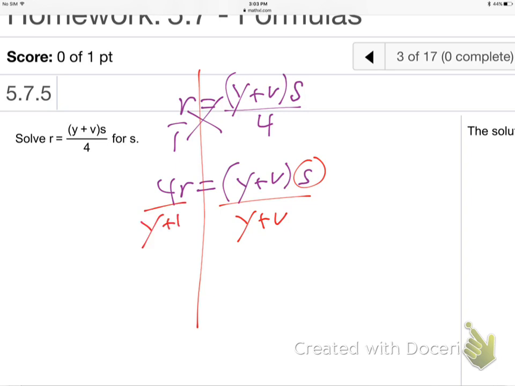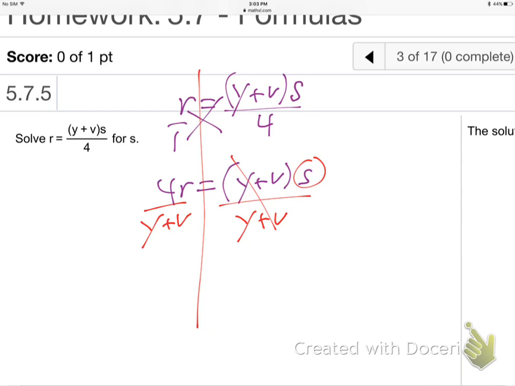Don't even bother to distribute. Just divide and you're done. Everybody see that? So always stay focused on the ball, the thing you're trying to get alone. That'll help you know what to do. Questions on that one?